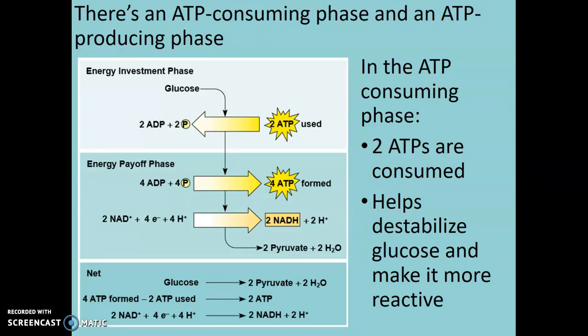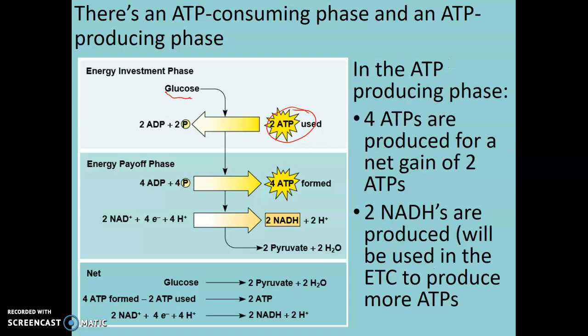Like I was saying, there's an ATP-consuming and an ATP-producing phase. In the ATP-consuming phase, 2 ATPs are used up, and this helps destabilize glucose and make it more reactive. So the glucose comes in, and we use 2 ATPs to destabilize the molecule. Then in the ATP-producing phase, 4 ATP are produced for a net gain of 2 ATP, since we used 2 ATP above.